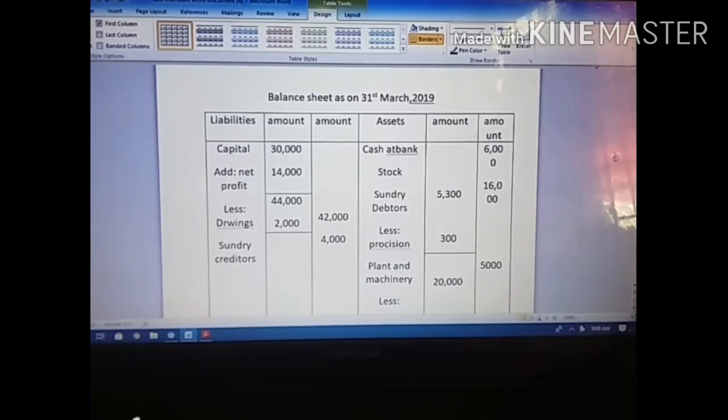The original value of plant and machinery is 20,000. Now at the end of the year the value will be decreased, the depreciation value is 1,000. So we have to minus the depreciation from the plant and machinery, then only it shows the true and fair view. So less depreciation.